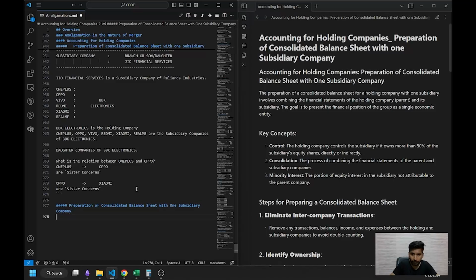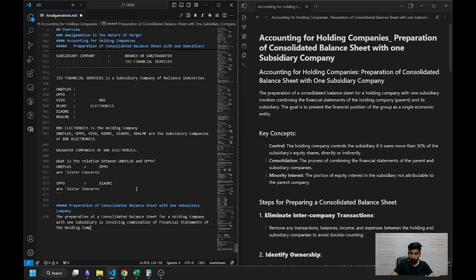The preparation of a consolidated balance sheet for a holding company with one subsidiary involves the combination of financial statements of the holding company or parent company and its subsidiary.